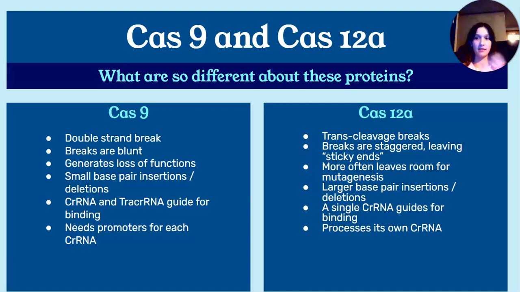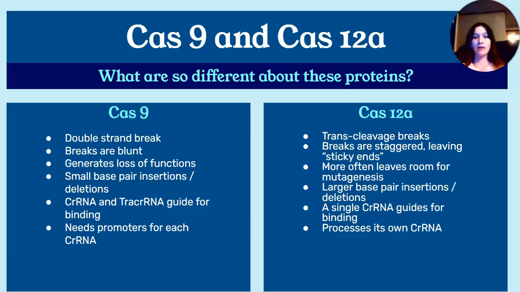Mutagenesis is when there can be mutations while the functions are retained. With Cas9, there are small base pair insertions and deletions, as I said, with cut and paste, while Cas12a has a wider range, which means larger base pair insertions and deletions.